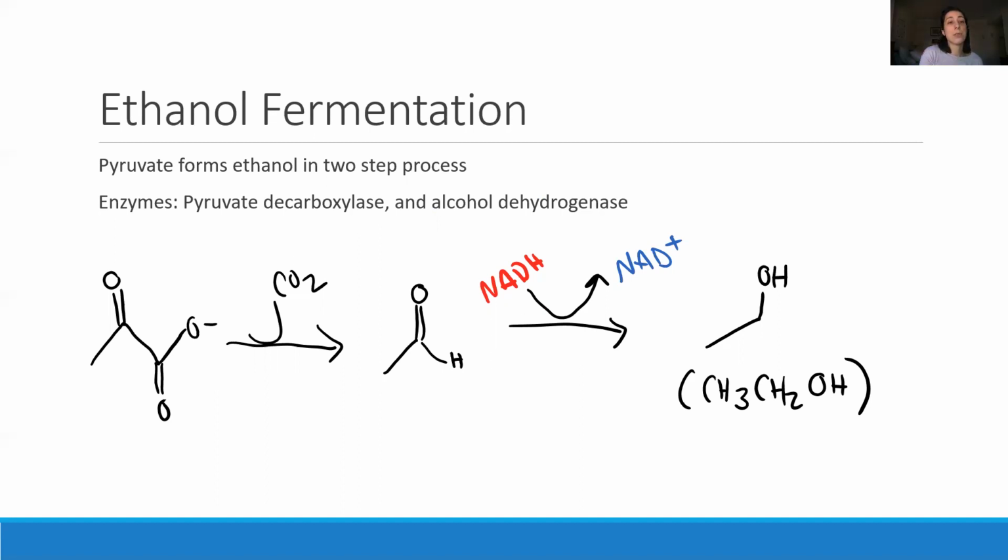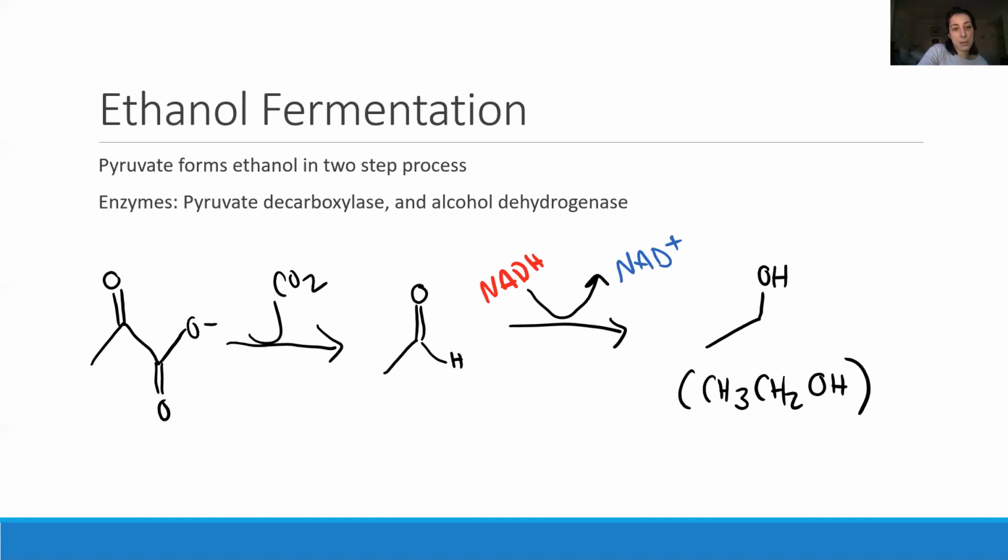This is actually a two-step process and is very key to yeast. So hint for those that are in the lab where we're going to be doing sourdough cultures and looking at yeast, this is the main reaction that those cultures utilize. There are, again, two steps. One uses pyruvate decarboxylase.